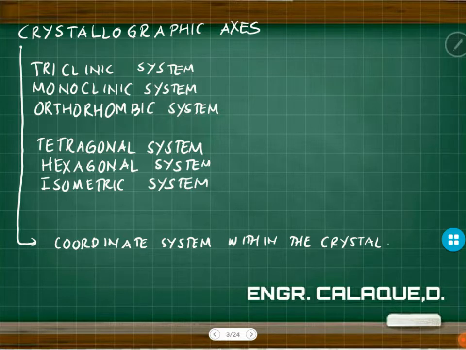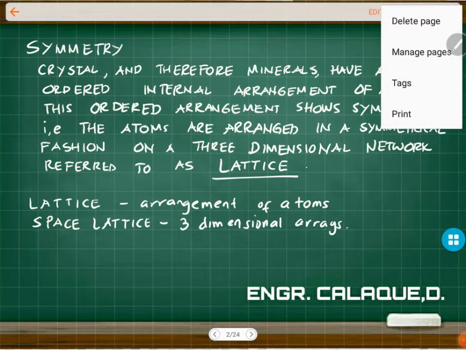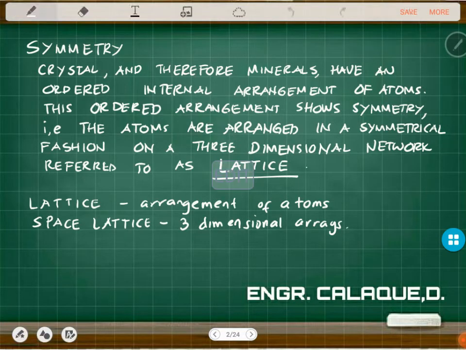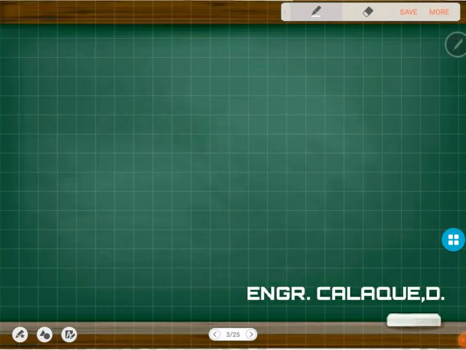Okay, so we have also this crystallographic axis. Before that, let's talk about rotational symmetry. This is what we call the one-fold rotation, the two-fold rotation, the three-fold rotation, the four-fold rotation, and so on and so forth.